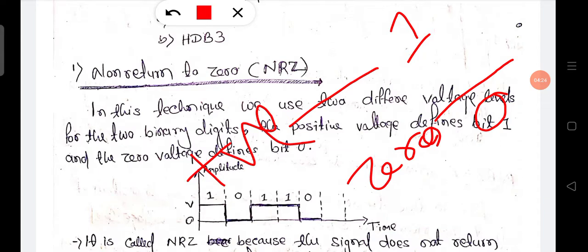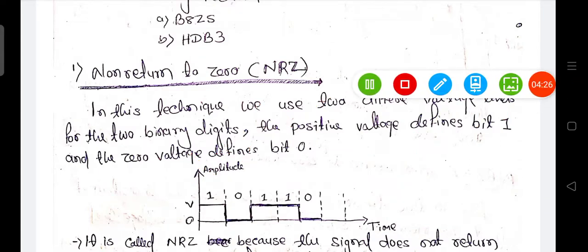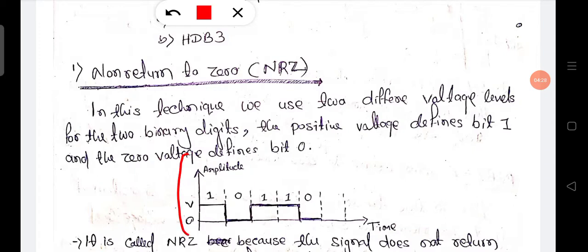Okay. Now see here this signal. Okay. The information is 110. Okay.